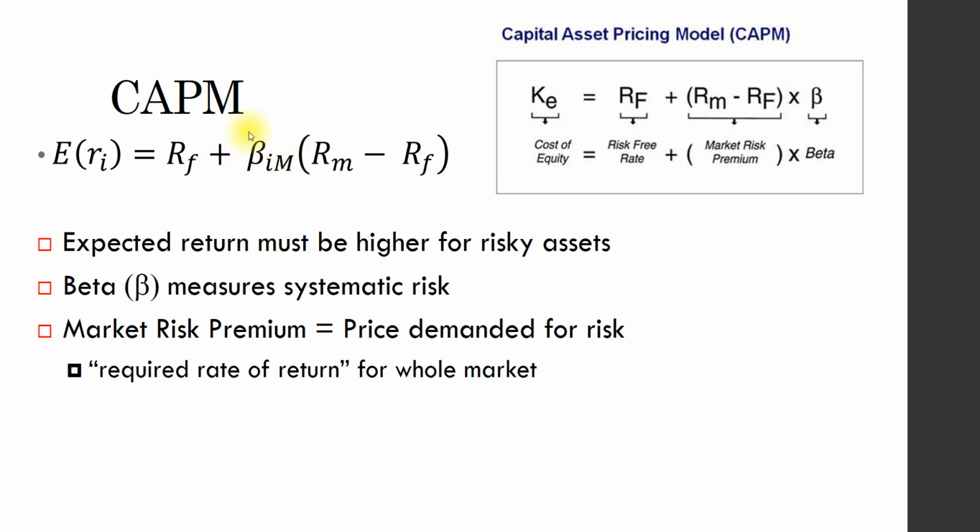This is noted by when we lever our market premium by the beta coefficient. And as we learned from other prior videos, the beta coefficient is just the measure of systematic risk. The market premium, of course, as we reviewed, is the price demanded for the risk taken on, which is just the return of the market minus the return of the risk-free rate.